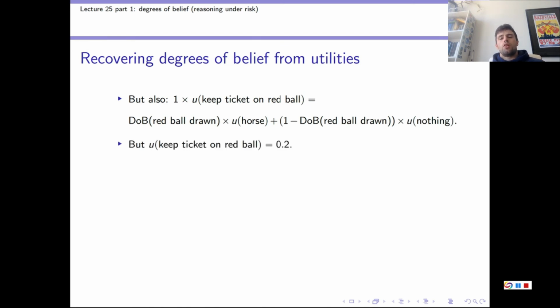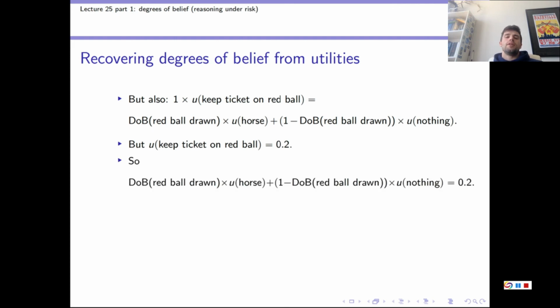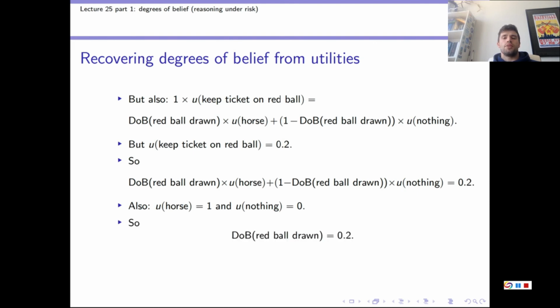Now, since U of keep my ticket on a red ball is 0.2, that's the utility we just recovered, this means degree of belief that a red ball is drawn times U of horse plus 1 minus degree of belief that a red ball is drawn times U of nothing is 0.2. But since U of horse is 1 and U of nothing is 0, this reads degree of belief a red ball is drawn is 0.2.